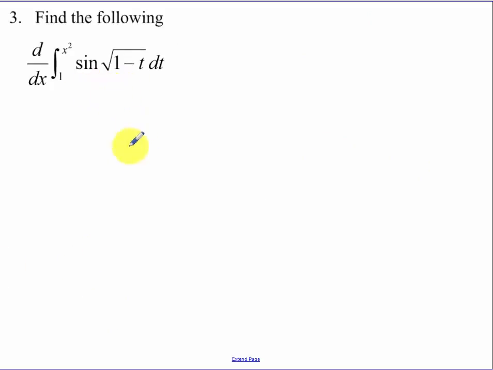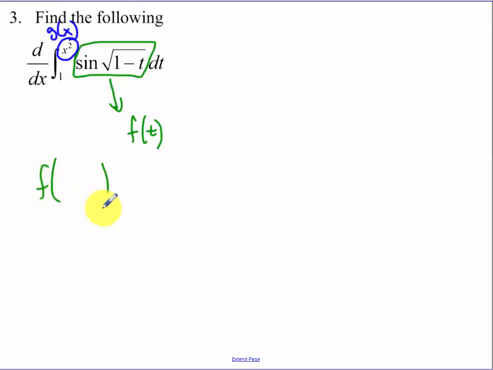You don't know how to take the integral of that. Okay, that's f of t. This is some new function g of x. By that formula that I just gave us, we have to evaluate our function at g of x and then multiply by the derivative of g of x.